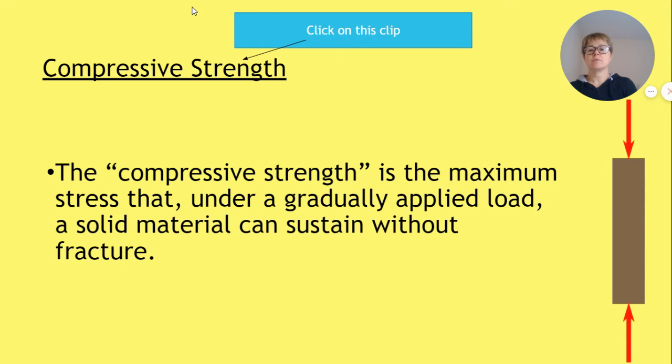Okay, when you stand on something or apply a downwards force on an object, you are effectively squashing it, you're compressing it. So compressive strength, very, very important to any object or piece of equipment that's got to bear any sort of weight. So let's look at how they test compressive strength.